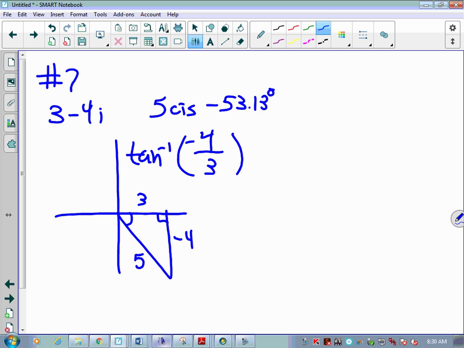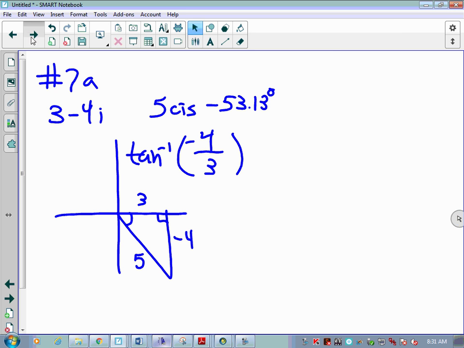What was your answer? 36.87 degrees, since I messed up on the first tan, I put 3 over 4. Okay, all right. So does the polar coordinate portion of this make sense? Let's call this 7A.